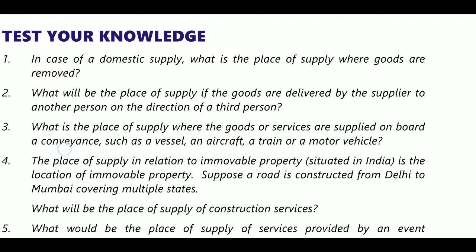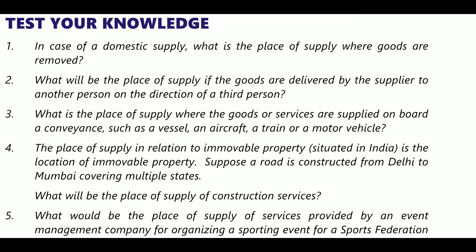And the second question: what will be the place of supply if goods are delivered by a supplier to another person on the direction of a third person? That is bill to ship transactions. What is there in bill to ship transactions? In a bill to ship transaction, 3 persons are involved. Regularly in any transaction there will be 2 persons, but in a bill to ship transaction there will be 3 persons: one supplier, one recipient, and one third party.